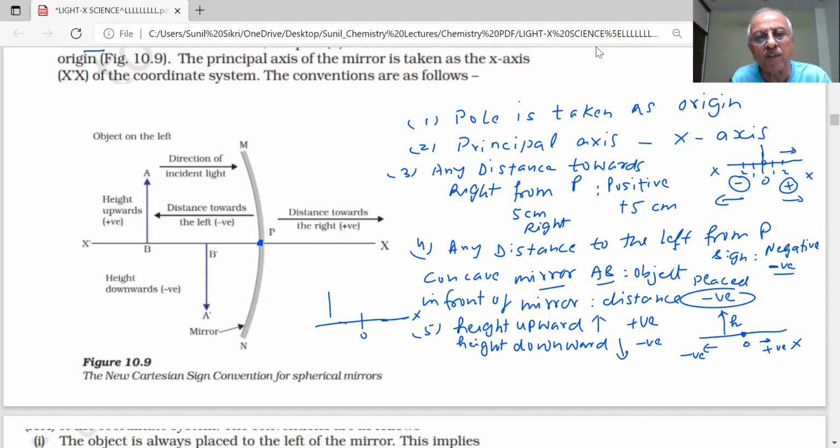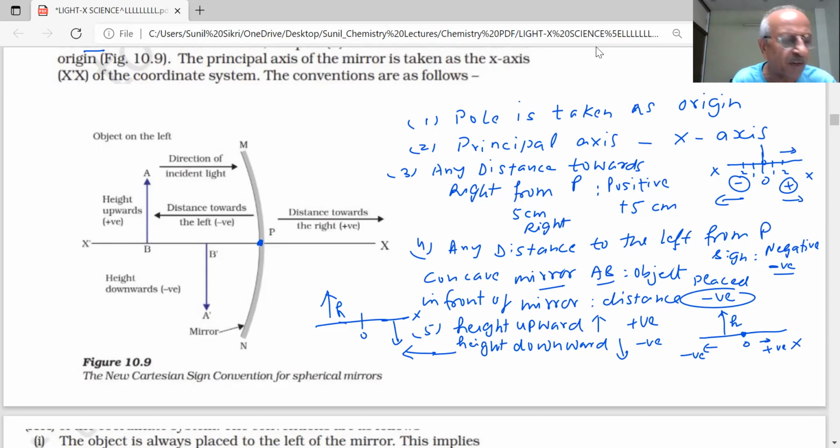If the object is there in front of this mirror, as you see, this height is positive. But if something is here, then this is below the axis, the downward side. Then this will be taken as negative. Is it clear? Positive and negative. This is the sign convention which we always use.